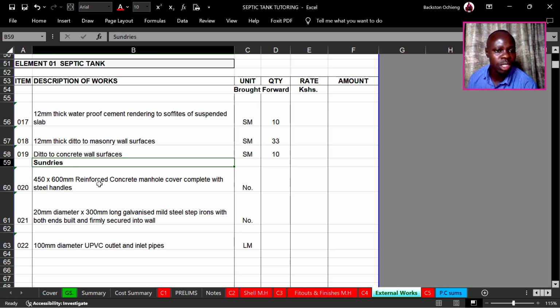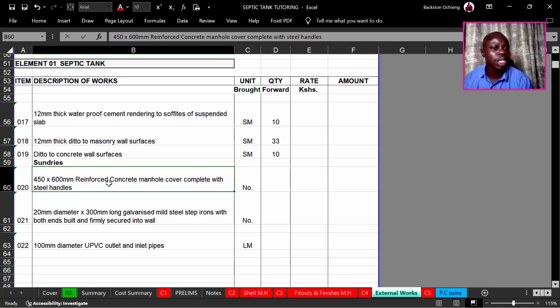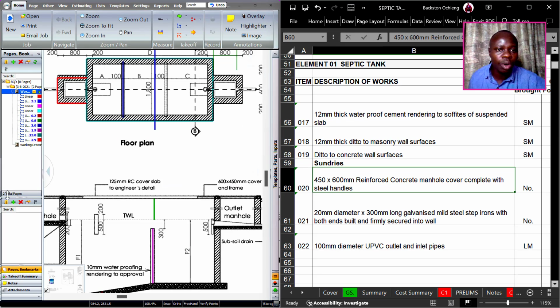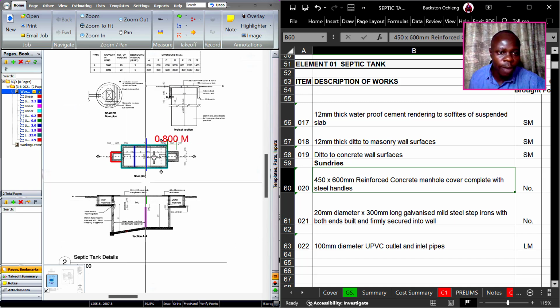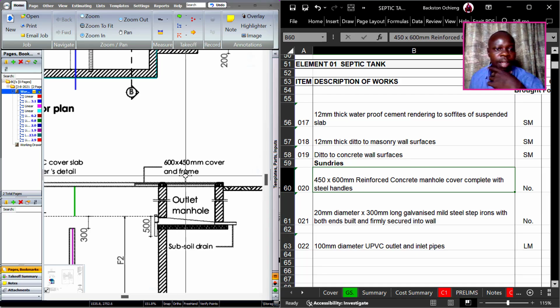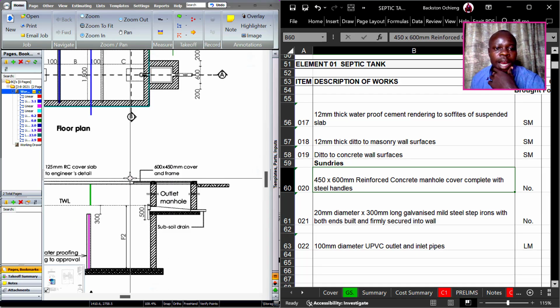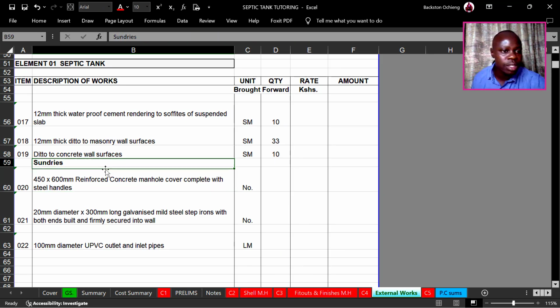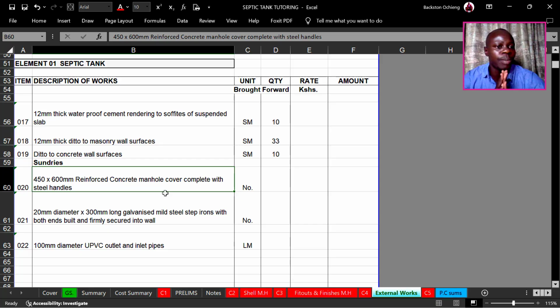So that includes the covers. Okay, include the covers. So in this case, we'll read, or we'll confirm the sizes that are provided for the manhole. So we have a cover here, 600 by 400 millimeters cover and frame. Okay, so we have that. So 450 by 600 millimeters manhole cover.